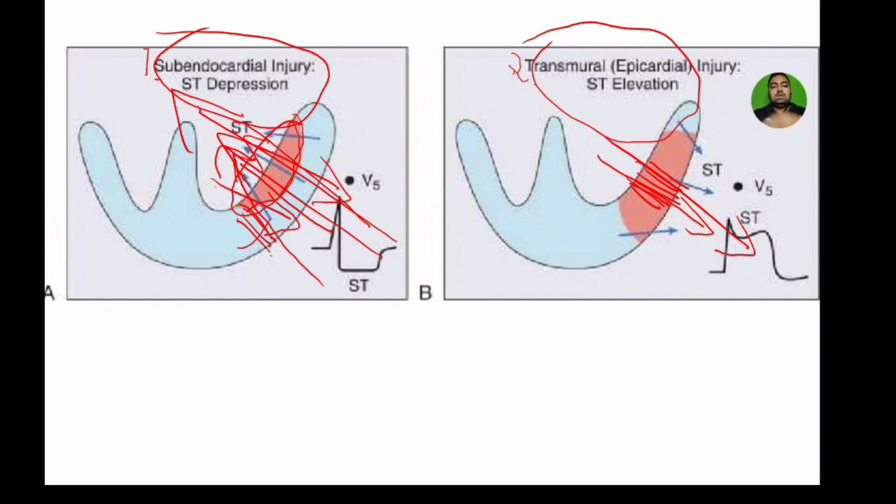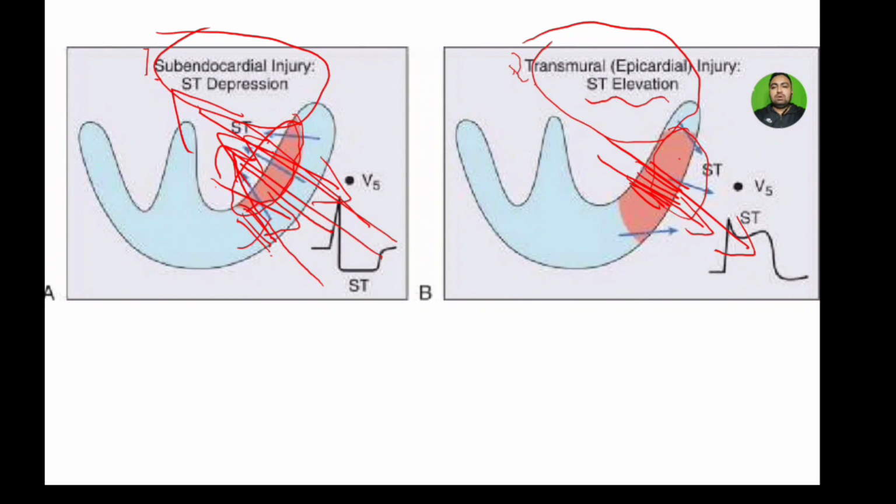If there is an ischemia, or better to say infarction, in the lateral wall, which as we all know is best seen with leads V5 and V6, then V5 and V6 would show ST elevation, because the current of injury comes from inside to outside.